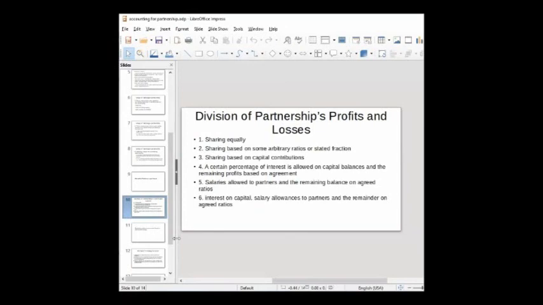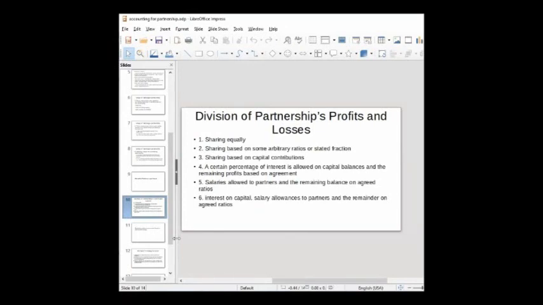As we have discussed a while ago, if there is a provision of paying salaries, then you have to pay first the salaries of these partners before proceeding to the distribution of the income.